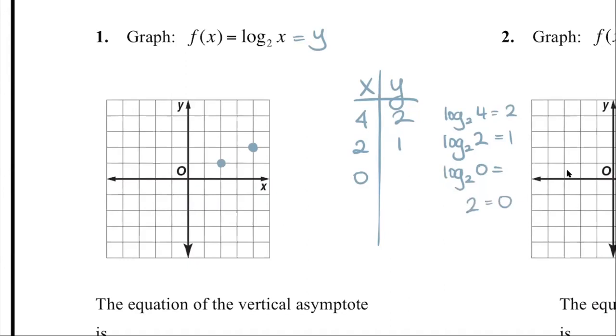Because we're asking 2 to what power gets you 0? I'm not sure either, because I actually don't think that's possible. So I'm going to say not possible.